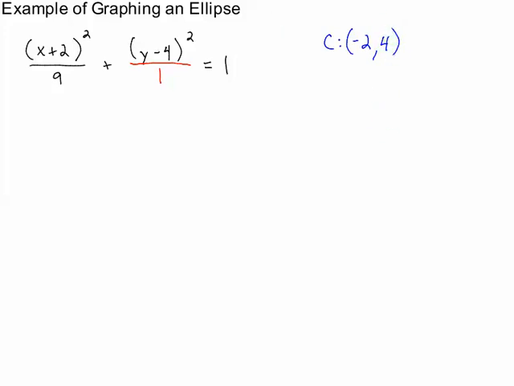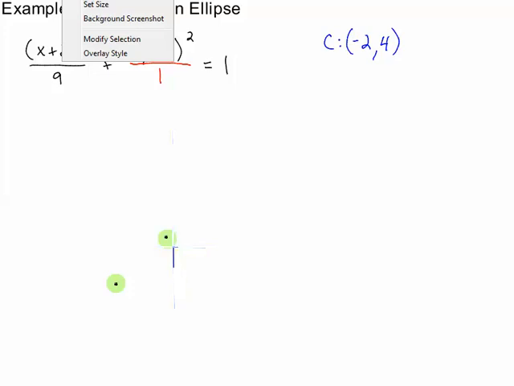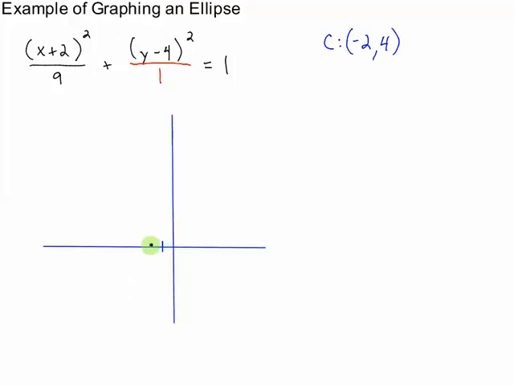Now I can start drawing some things on the graph here. So I'll plot my center at negative 2, 4. That's here. So I'll do all my measurements for this ellipse that way. So what I need to know now is how far right and left to go, how far up and down to go, and then we'll locate the foci.